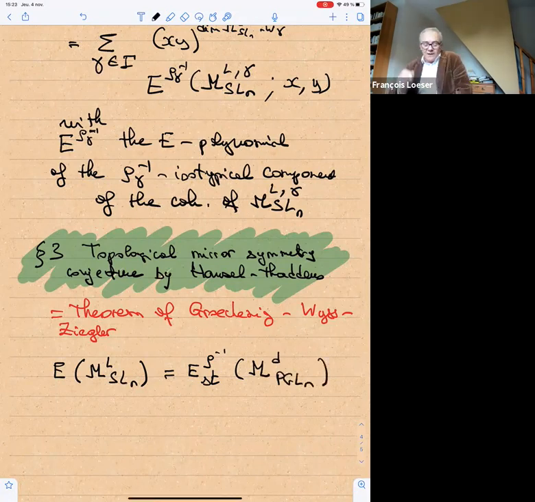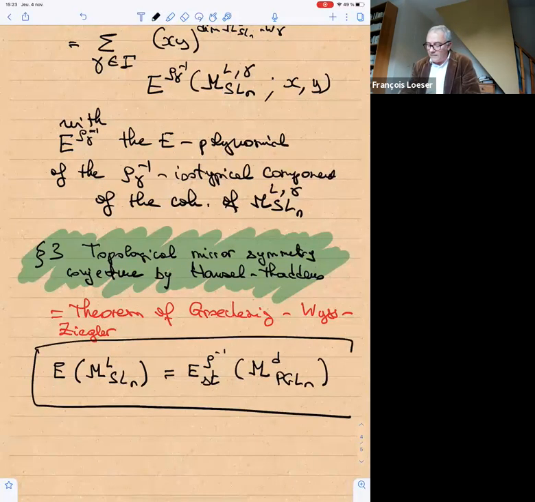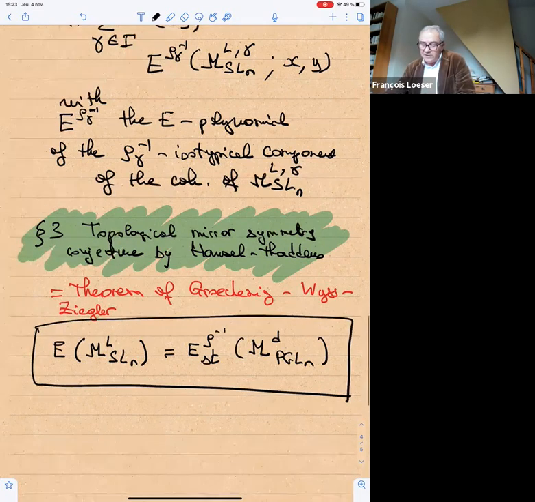So now let me try to explain and maybe motivate a bit. So as I said, the two groups, SL N and PGL N, are dual of each other. So there is some duality.